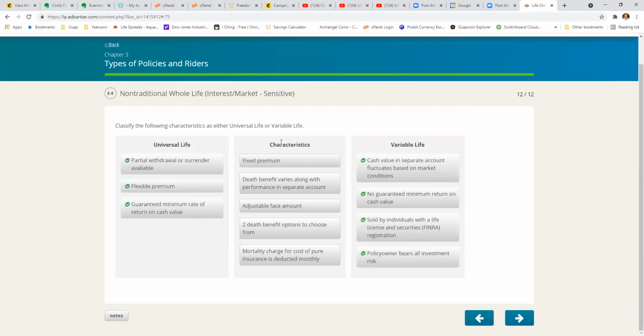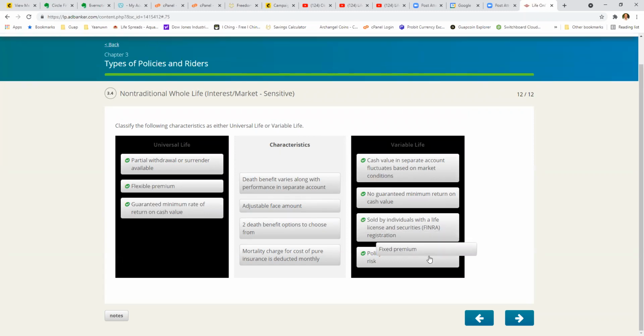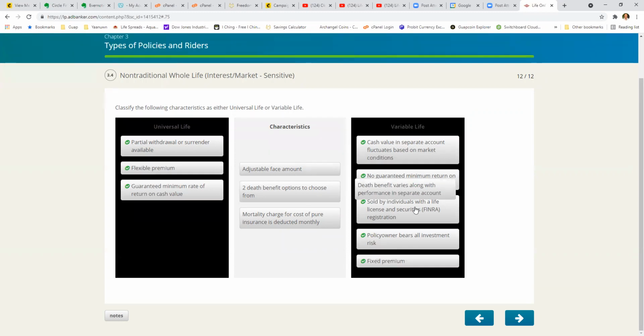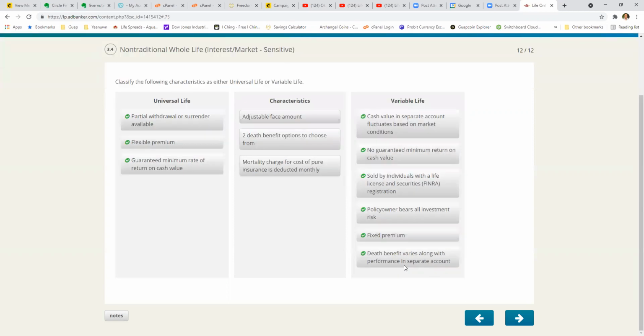Fixed premiums, meaning the premiums cannot change. Variable. Death benefit varies along with performance in separate account. Variable. Yes, variable is when they start talking about these separate accounts.